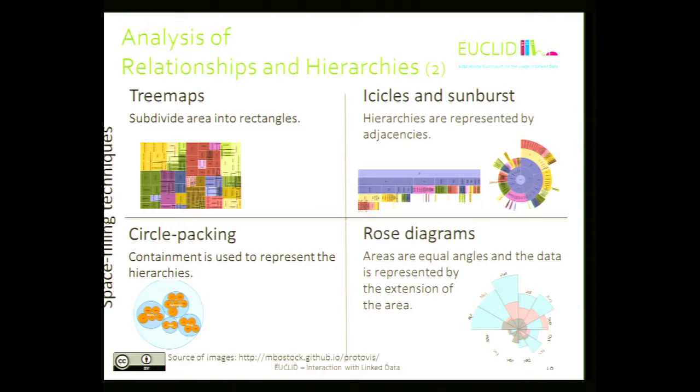So the idea is then to divide a rectangle according, for example, to the number of instances in that class, and divide the rectangles that you obtain for every subclass that you also want to visualize in the chart. And then what you get is basically a kind of plastering of the rectangle.